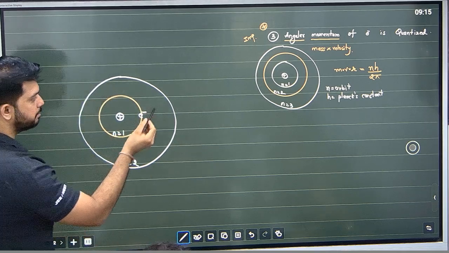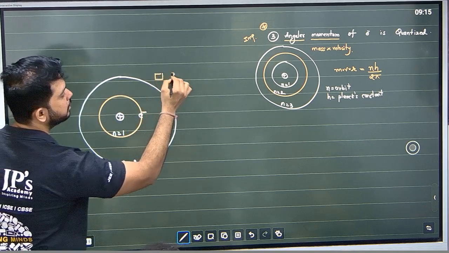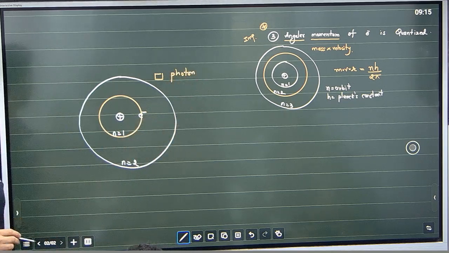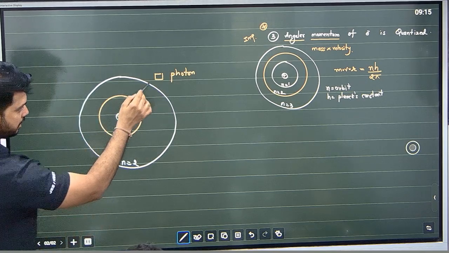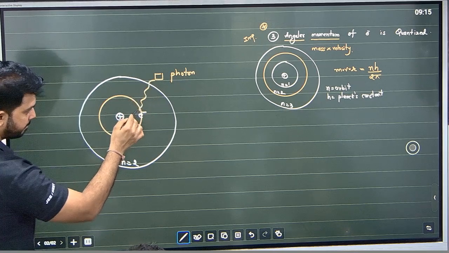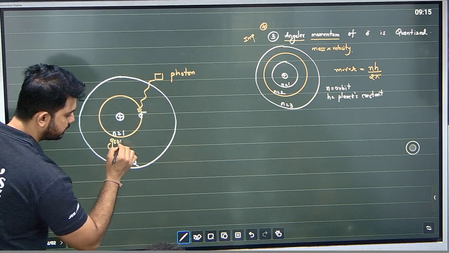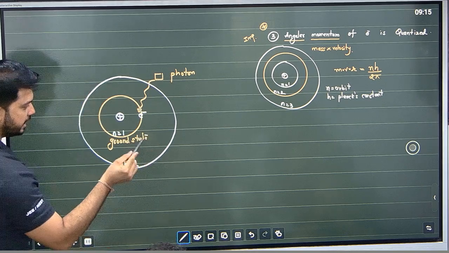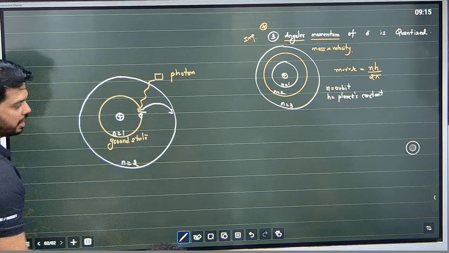If I supply energy to this electron in the form of a photon, the electron which was present in ground state gets excited and it moves on to a higher state.